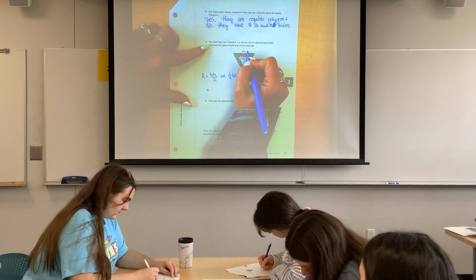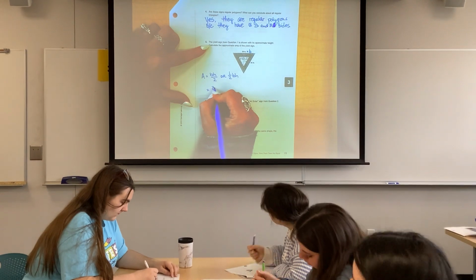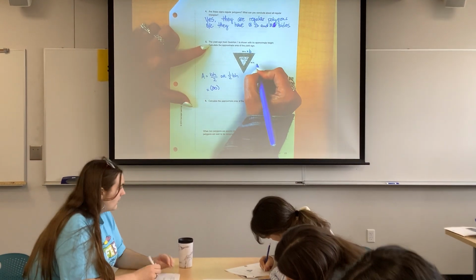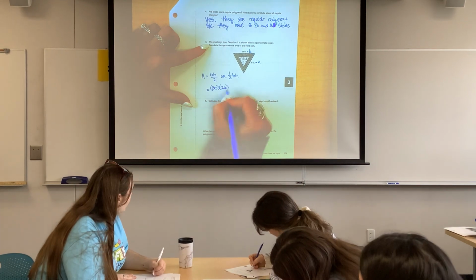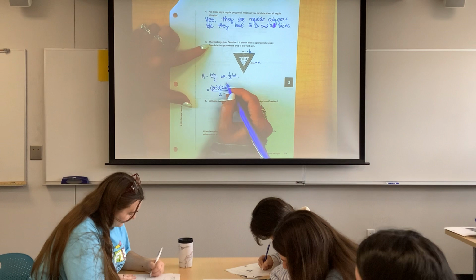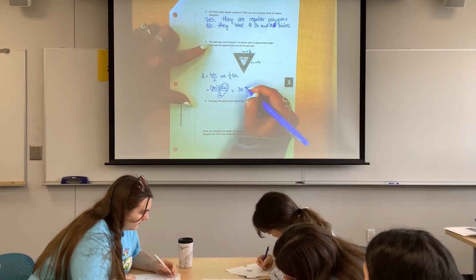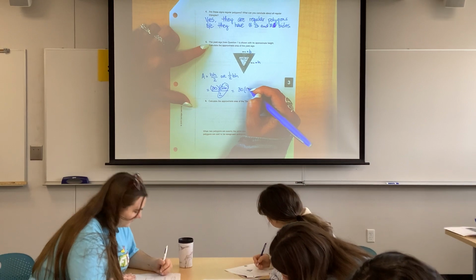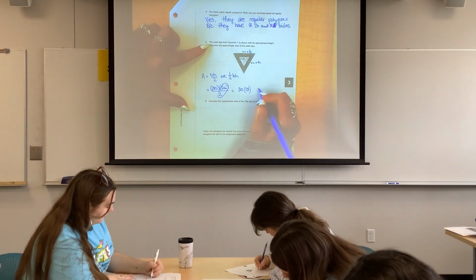What is the base of this triangle? 30. What is the height? 26, all over 2. I think if I do my divide by 2 right there, it will make the easiest multiplication problem when I'm done.